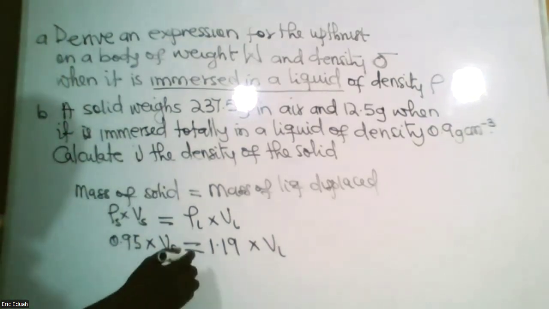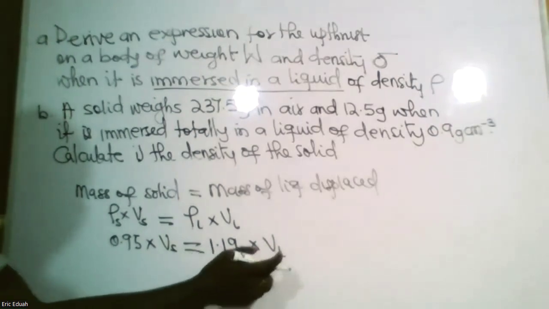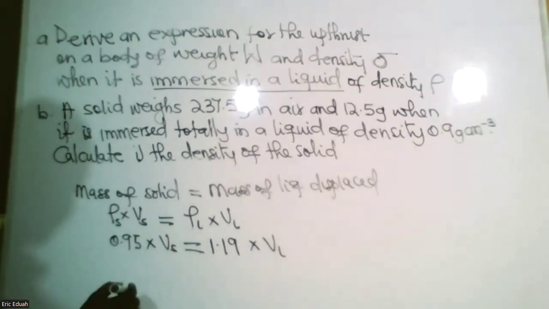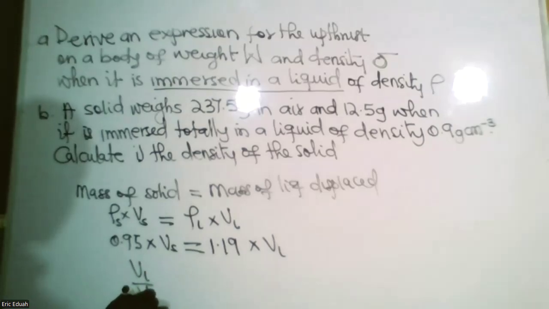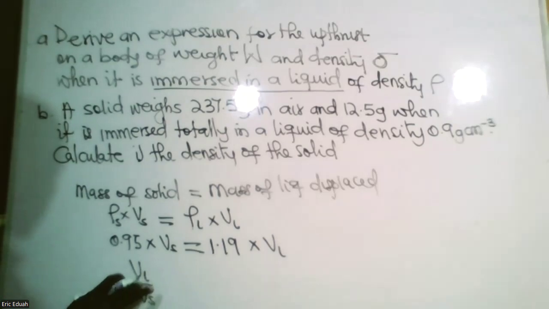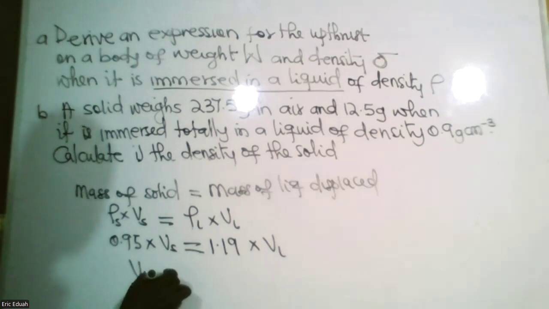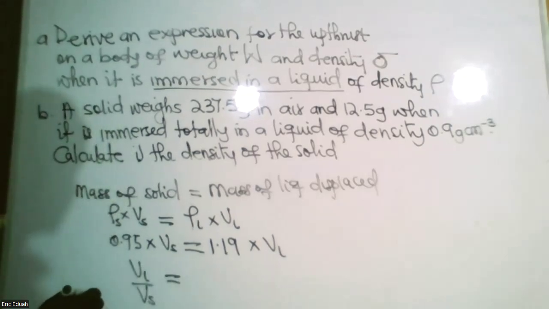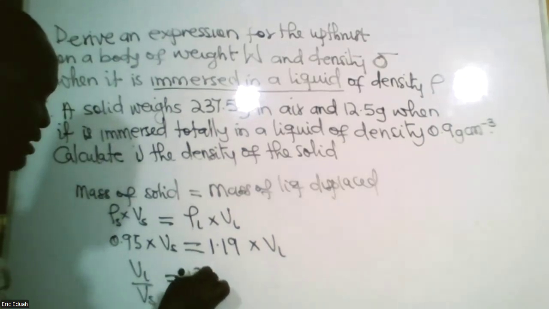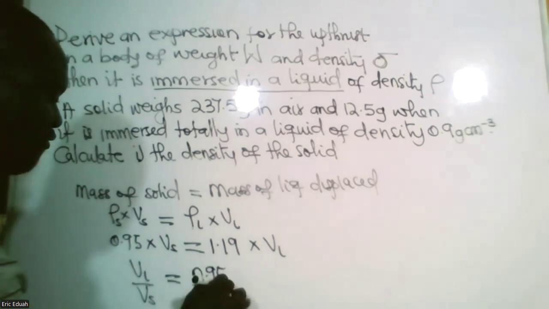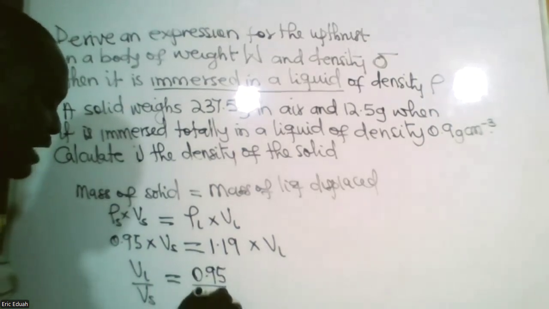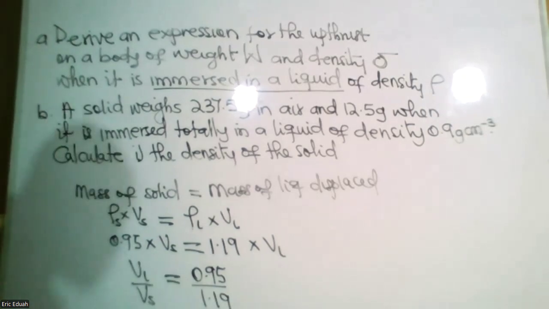So I want to have a ratio of volume of liquid displaced over the whole volume of the solid, which would be equal to 0.95 over 1.19. Please divide for me.